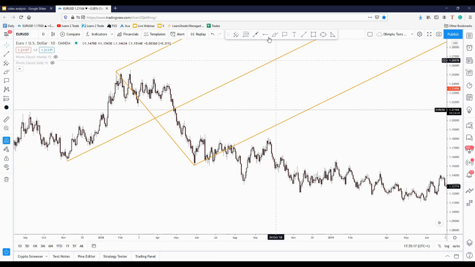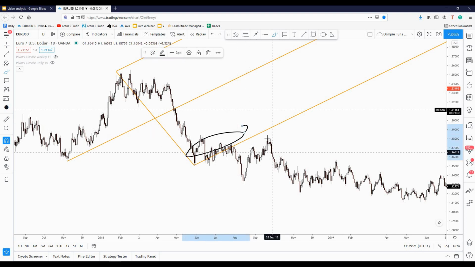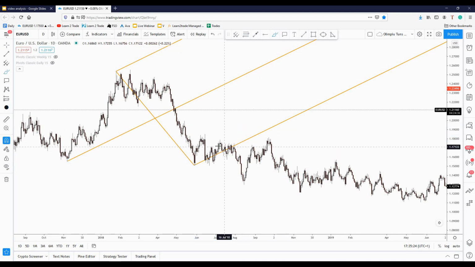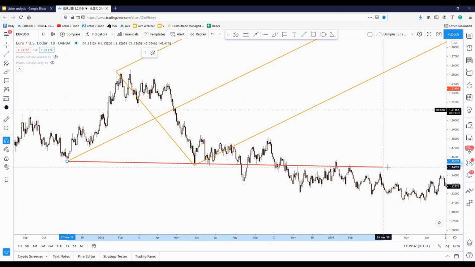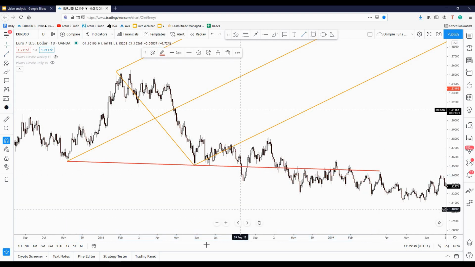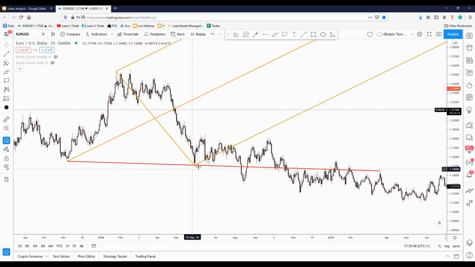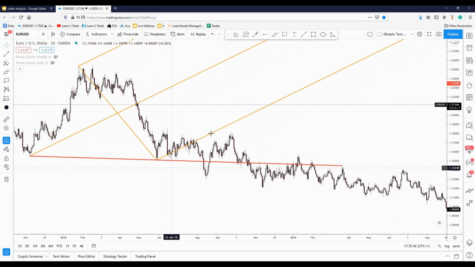So here the price failed to stay within the ascending pitchfork's body and to continue higher towards the medium line of this ascending pitchfork, and I will draw here a trigger line. One moment, like this, connecting these two pivots, and now we have here a new trigger line, guys.